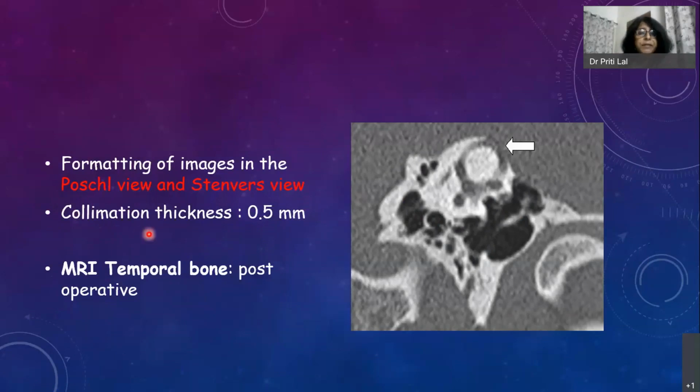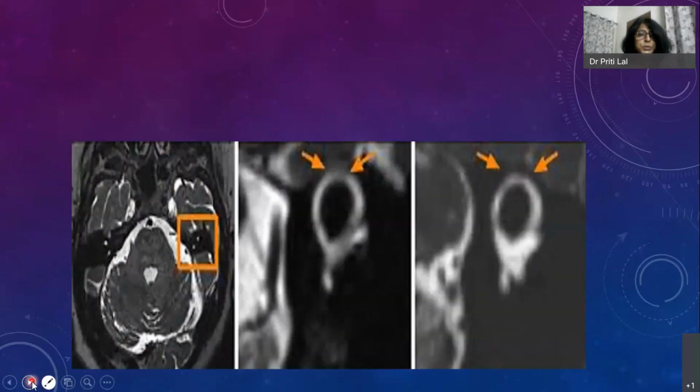Then we may also decrease the collimation thickness to about 0.5 mm, and that would increase the pickup rate of these dehiscences. The MRI actually does not play much of a role in the primary evaluation, but in post-op cases, we may use it to see the effectiveness of canal plugging procedures.